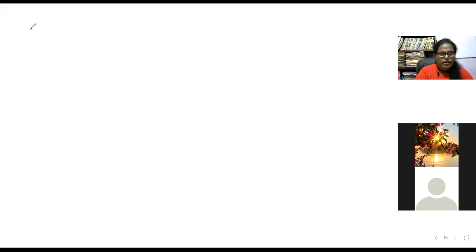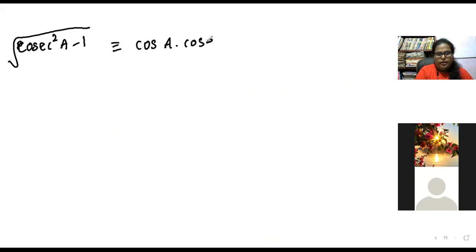I'm writing here: cosec square A minus 1, all under the square root, is identical to cos A cosec A. Imagine that the formula 1 plus cot square x equals cosec square x is not in your mind. Then you can simplify like this also.